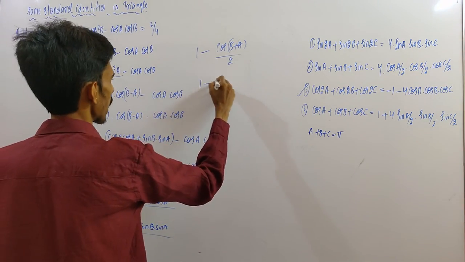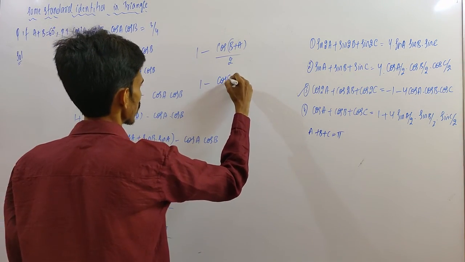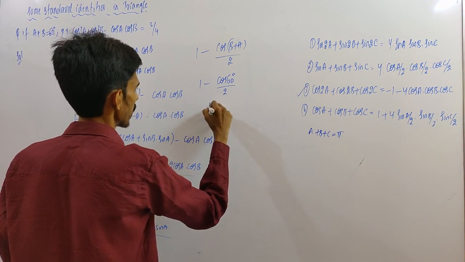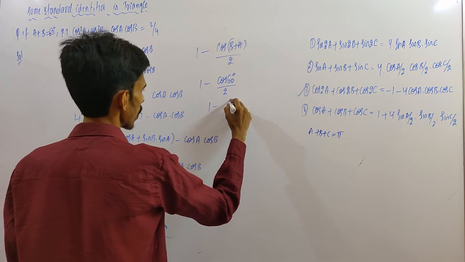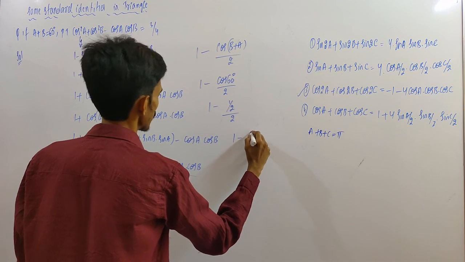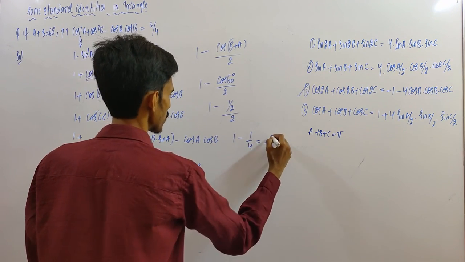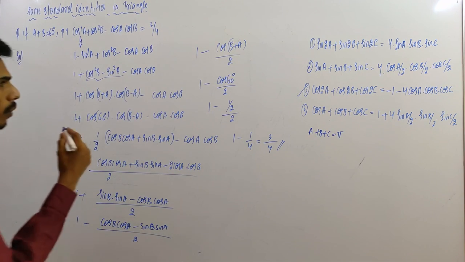So we have 1 minus cos A plus B value is 60, cos 60 by 2, that is 1 minus cos 60 value is 1 by 2 divided by 2, that equal to 1 minus 2 into 2 is 4, 1 by 4. So LCM is 4, 4 minus 1 is 3. So we got 3 by 4 RHS.